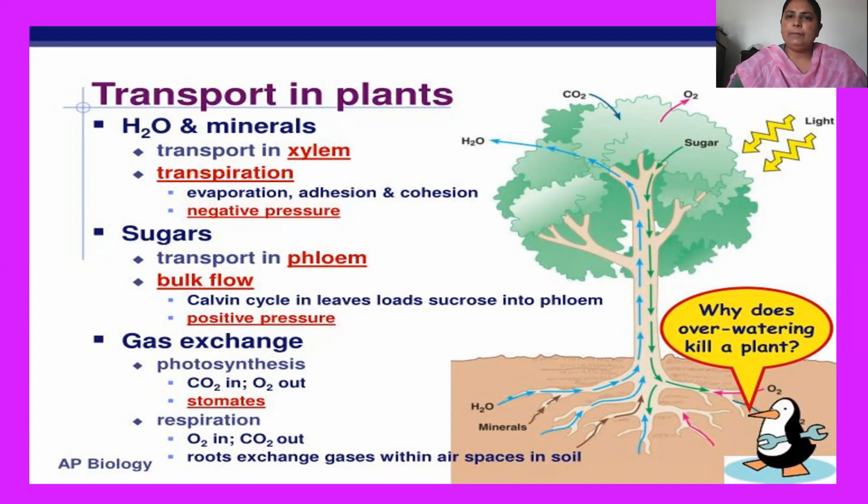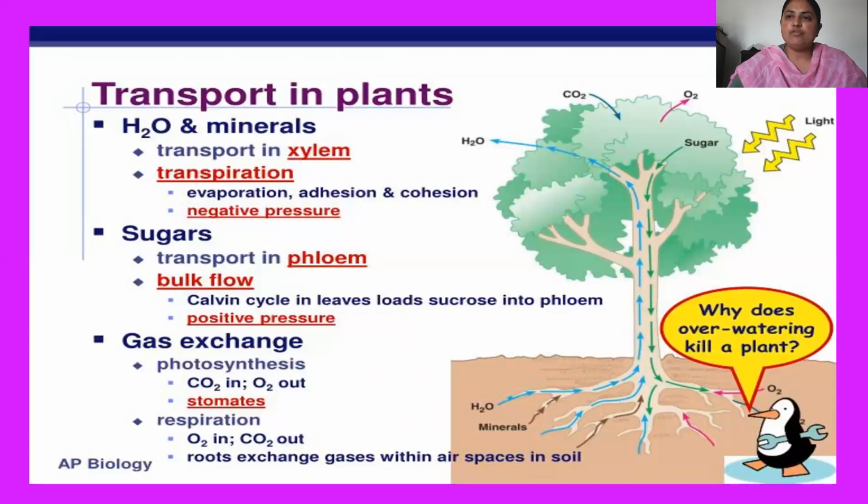These water and minerals are transported with the help of xylem tissue. The second very important thing is the process of transpiration. It is also a dominant process, and through it the excess water comes out through the leaves of the plant. It also has the advantage that it prevents the leaf from any kind of photo burning.